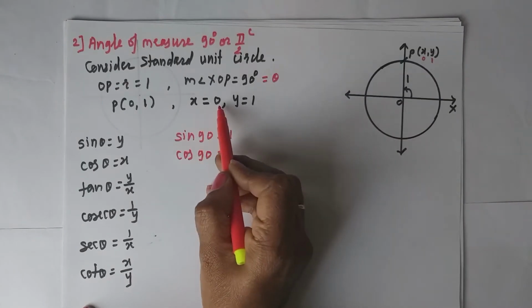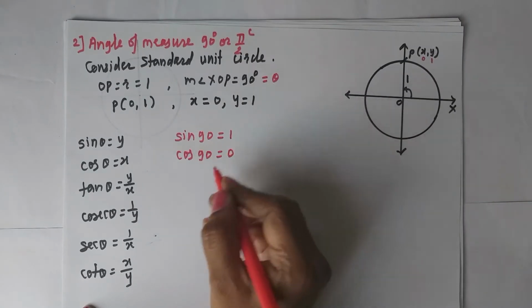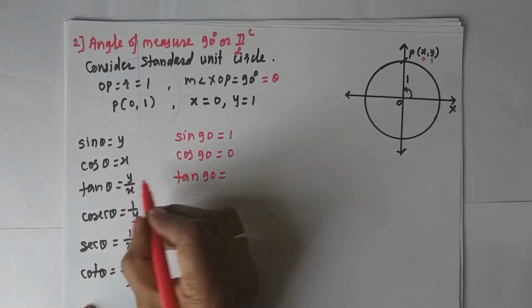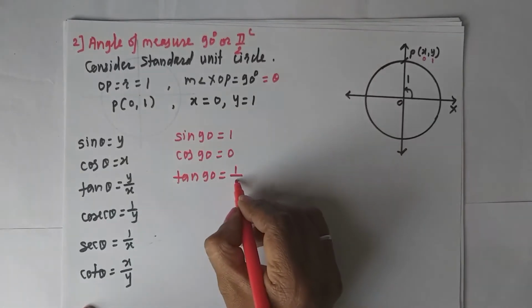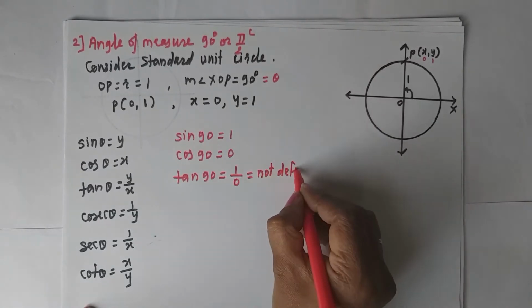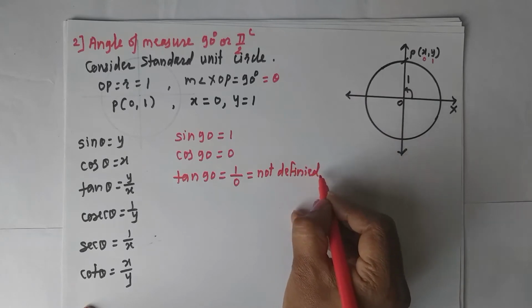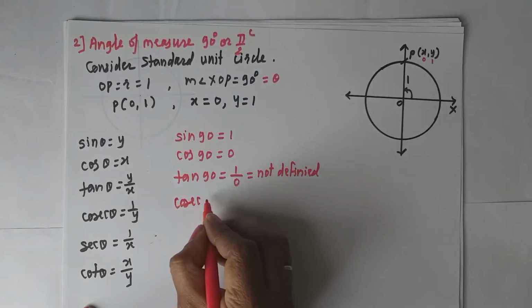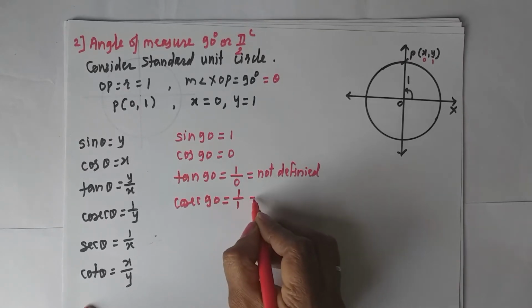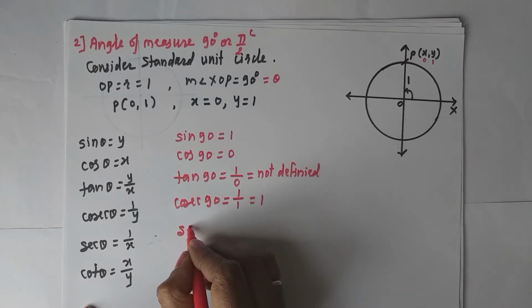Keep the value of x, that is 0. And what will be tan 90? Keep the value of y 1 and value of x 0, and 1 upon 0 means not defined, or you can write infinity. Then we will find cosec 90. Cosec 90 is 1 upon y, that is 1 divided by 1, 1. Sec 90.